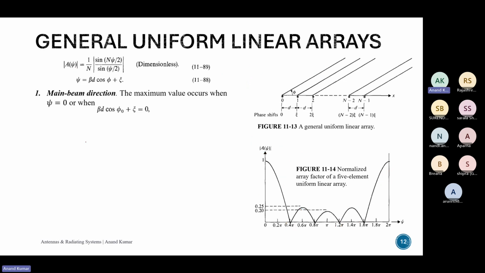So the first one is the main beam direction. For example, if we just had one Hertzian dipole, we know how the radiation pattern would look.